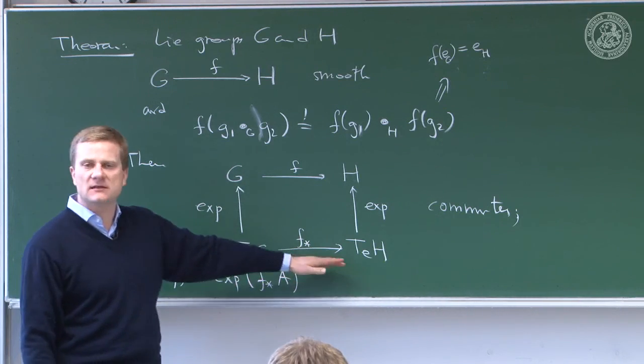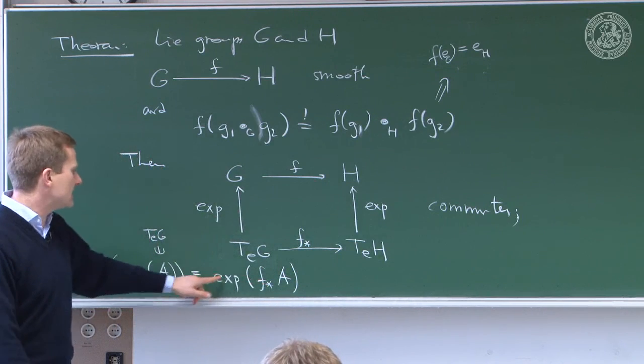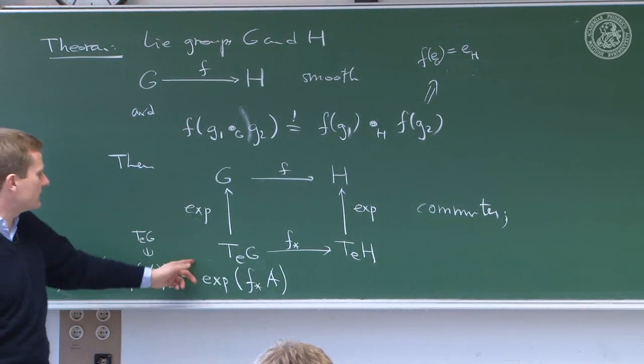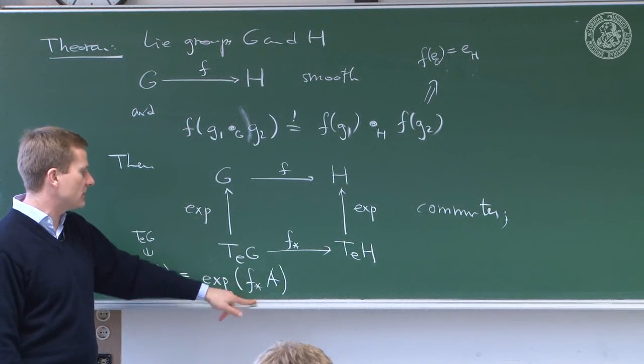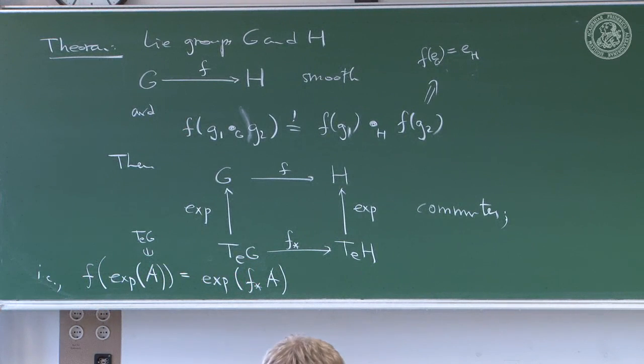And this is convenient, right? That you can use that the exponential map, in a sense, commutes with Lie group homomorphisms. But of course, if it jumps in there, it needs to become the push forward associated with that Lie group homomorphism. That's it.